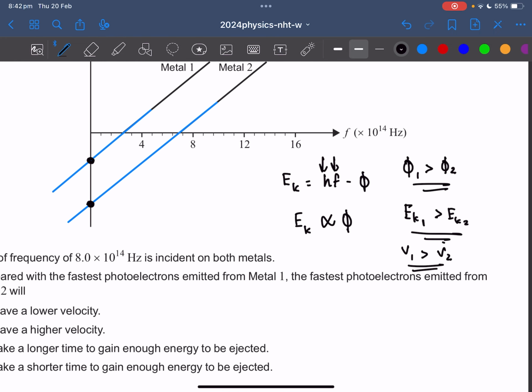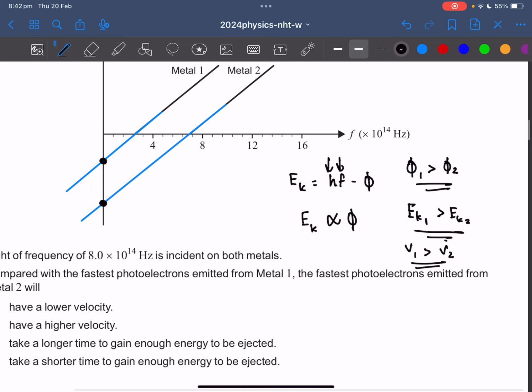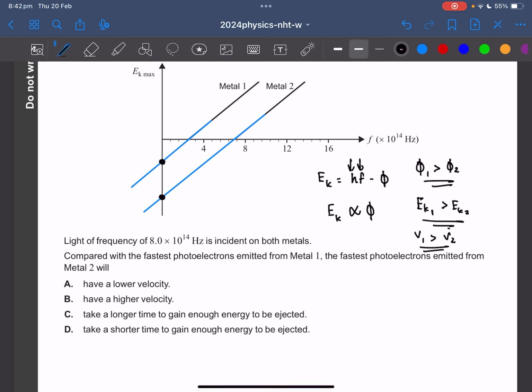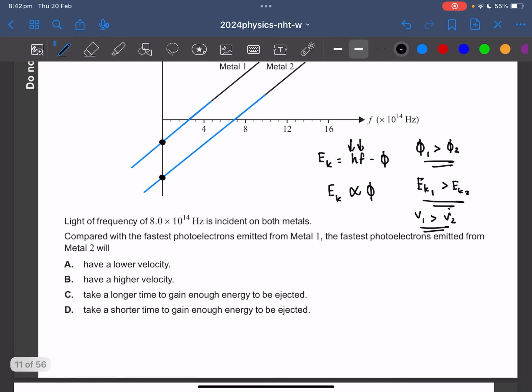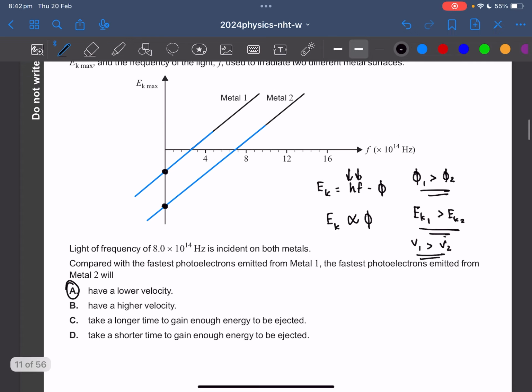Because the work function of metal 1 is greater than that of metal 2, the energy of metal 1 will also be greater than that of metal 2. And therefore the velocity of the fastest photoelectrons emitted from metal 1 would be greater than the fastest emitted photoelectrons from metal 2. So the answer would be that the fastest photoelectrons emitted from metal 2 will have a lower velocity. So option A will be our answer. Okay, hopefully this made sense.